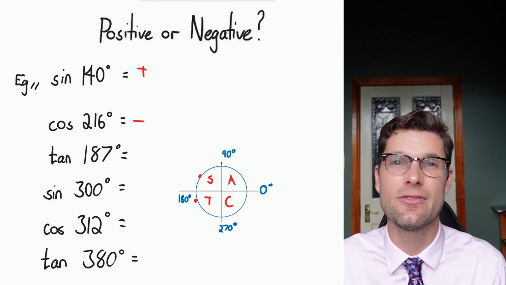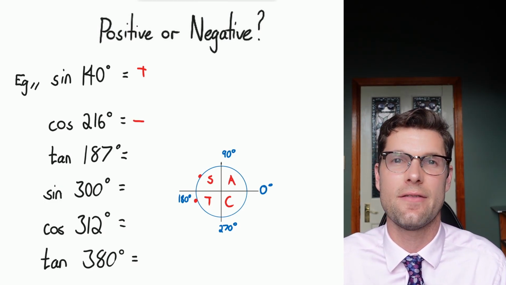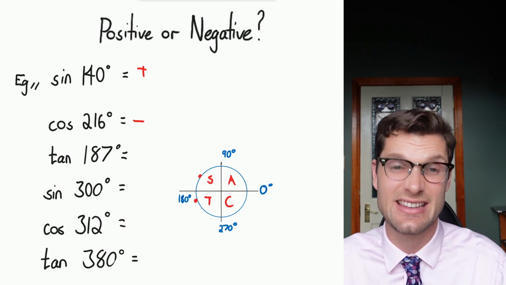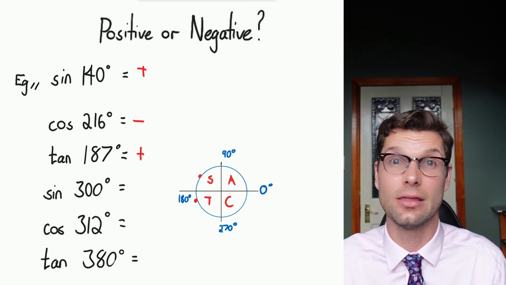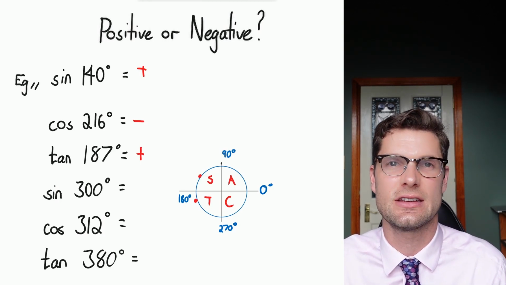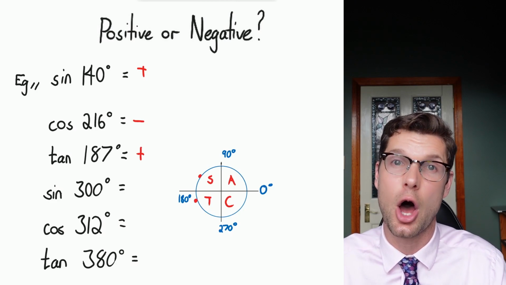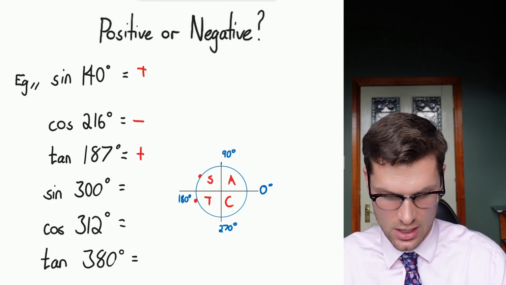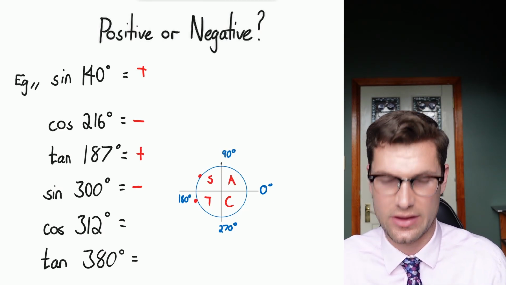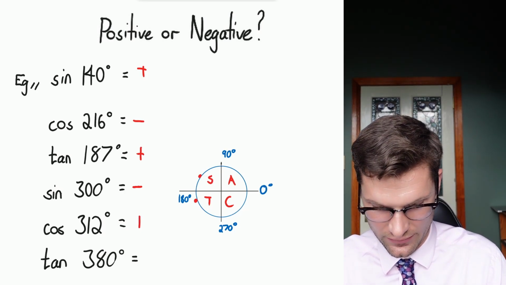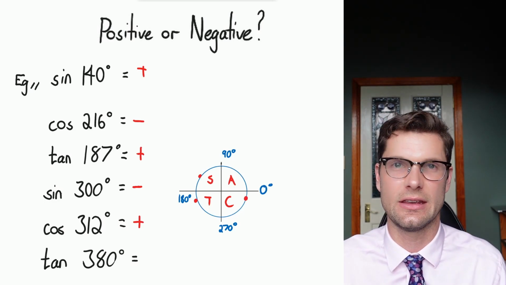Tan 187, I've got a negative sine value and a negative cos value, so tan must be positive. Sine 300 is over in that last quadrant where its cos is positive and sine is below the y-axis. So that means that sine 300 is going to be negative. Cos 312 is over here as well, and that is a positive number because it's all the way over here.